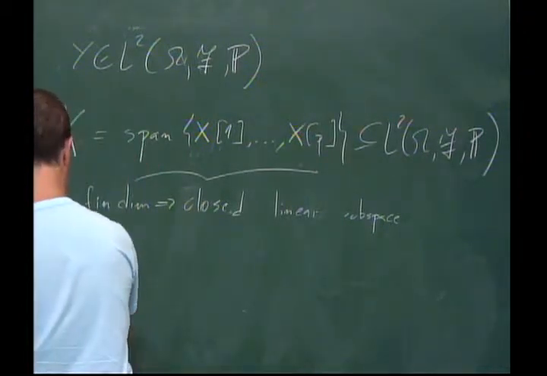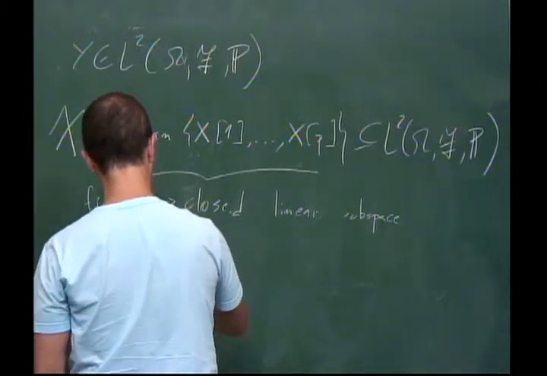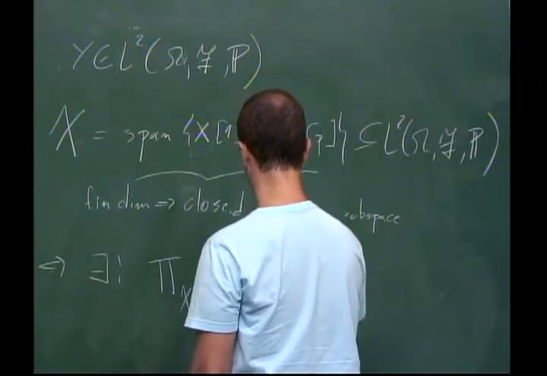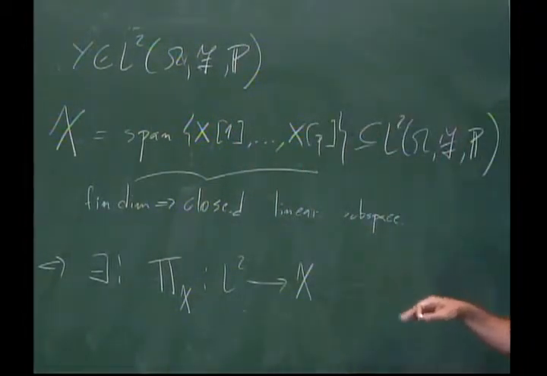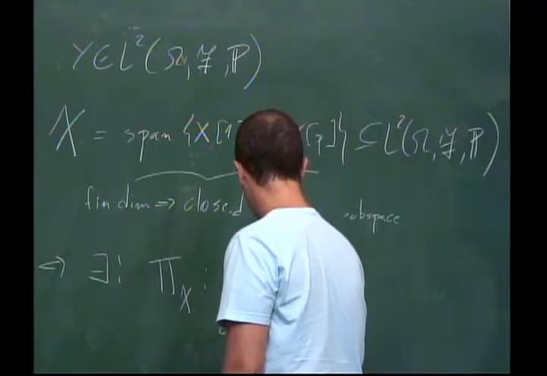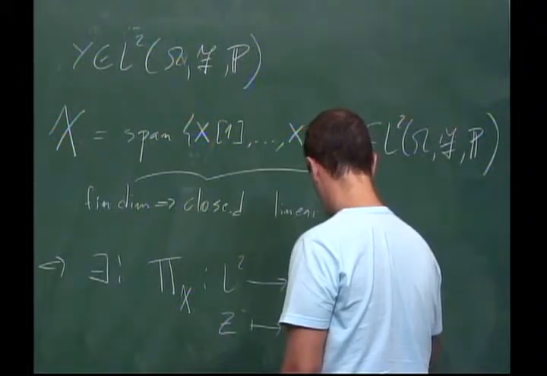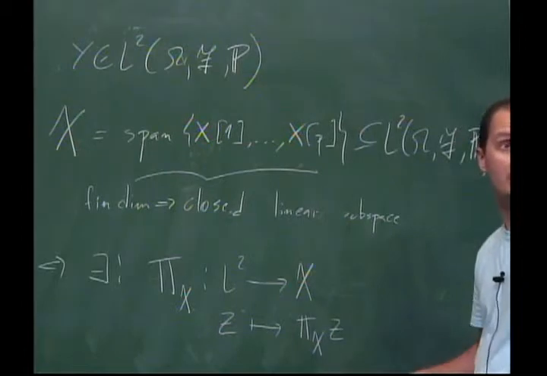And then, this implies that there exists a unique linear operator from L2 to the subspace, which is the orthogonal projection. What it does is take any random variable z to its projection pi of z, and you can characterize this projection in many different ways, right?